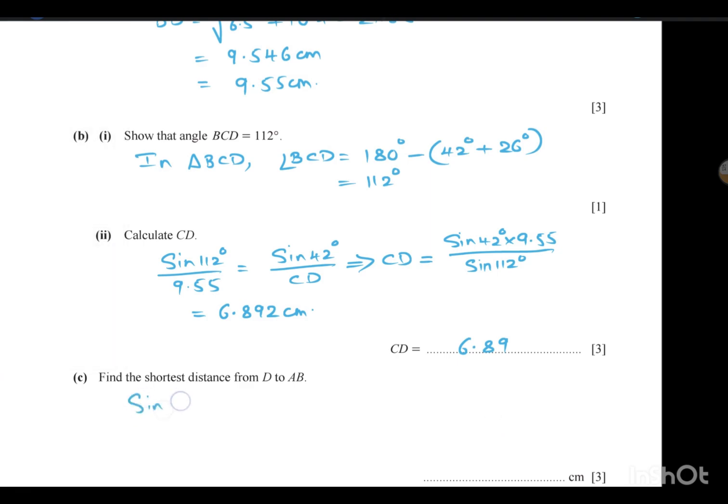Let us mention the triangle. In the right triangle, sine 64 is shortest distance, that is opposite side of that angle, shortest distance by hypotenuse.